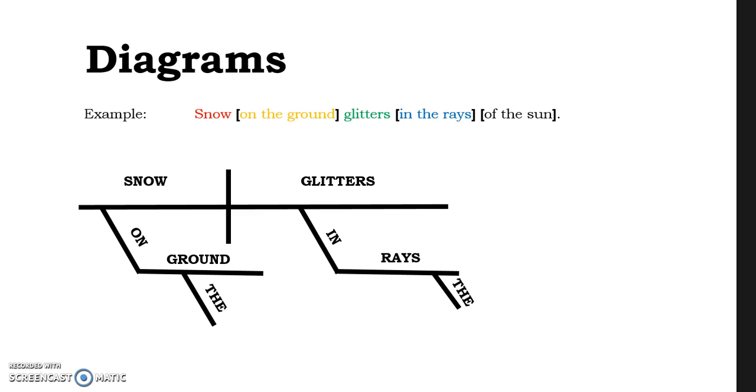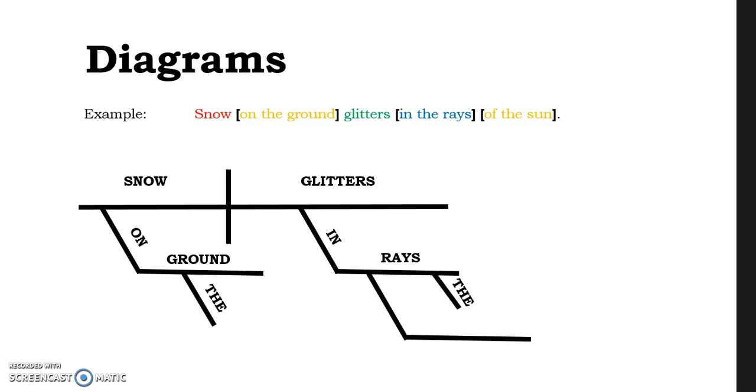One last phrase, of the sun. Here, of the sun isn't directly modifying glitters, it's modifying the prepositional phrase that is proximate to it. It's modifying the word rays, and it's answering an adjective question. Which rays? The rays of the sun.